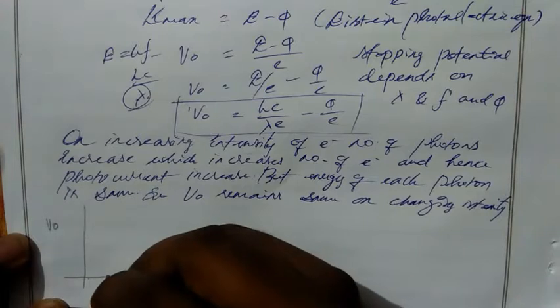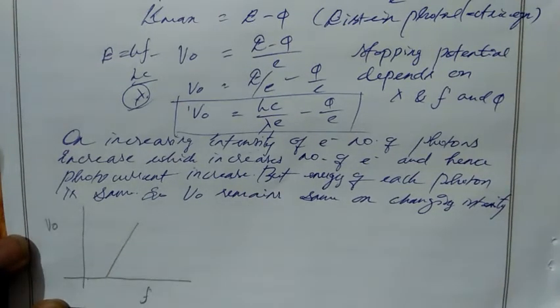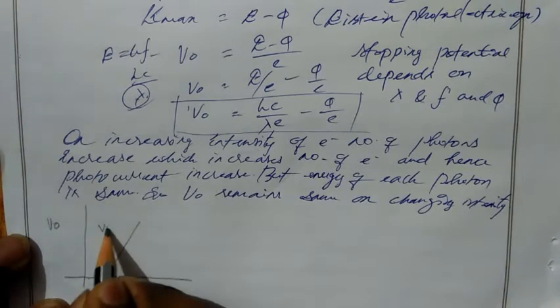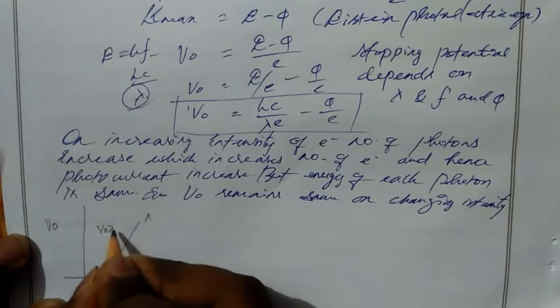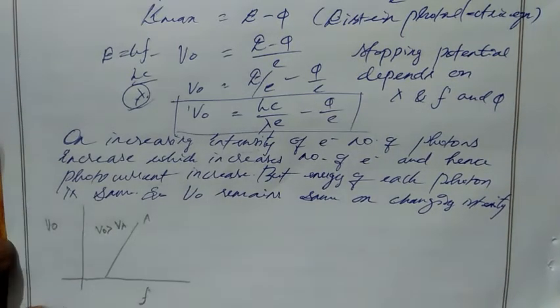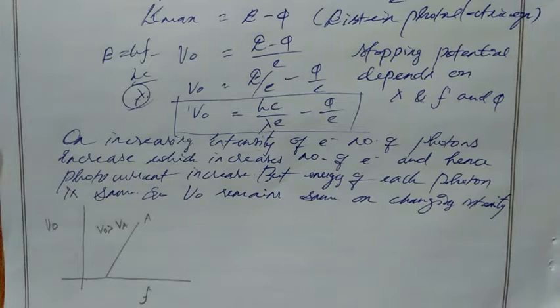So for the first metal, the graph will look like this. Here the stopping potential should be greater than the potential of, let's say this is metal A, the potential of metal A. Then only it is able to stop the electrons, or else it cannot stop them. This is for the first metal.